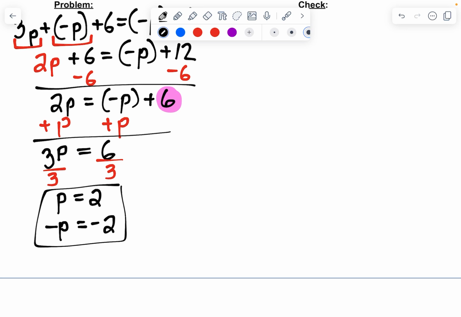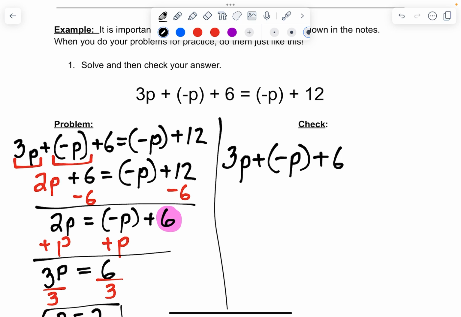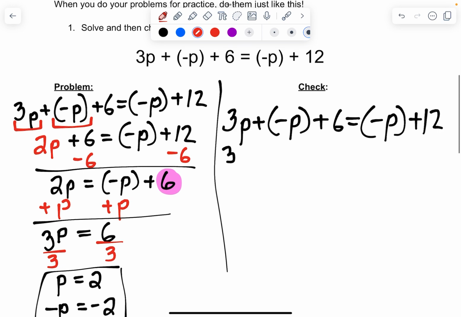So I'm going to go ahead and look at the original problem. I'm going to take out P and put in 2. I'm going to take out negative p and put in negative 2.